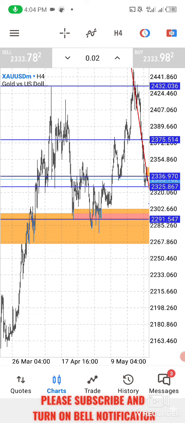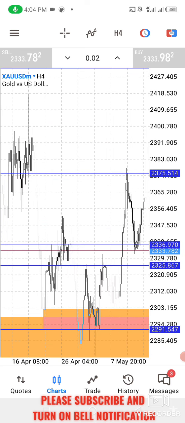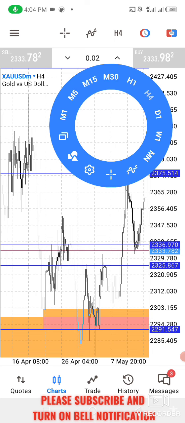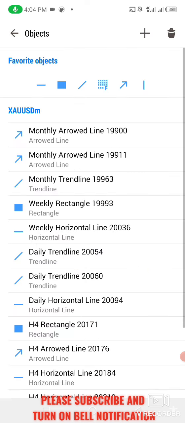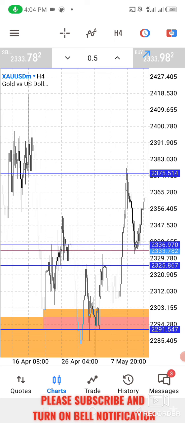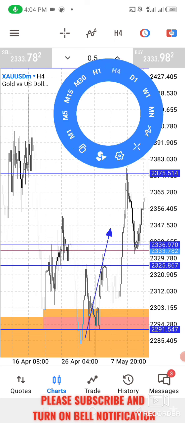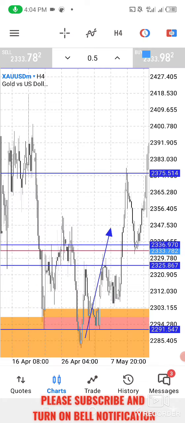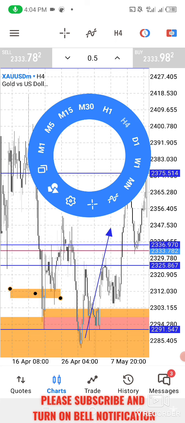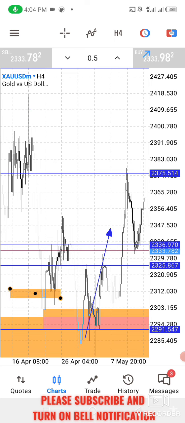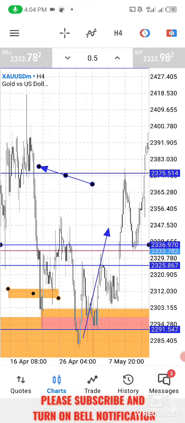How would we have predicted this move from here to here? It's price action networking. First of all, we have a move here, a break of structure there. Always study every single structure, at least in the H4, to understand what the market is doing.